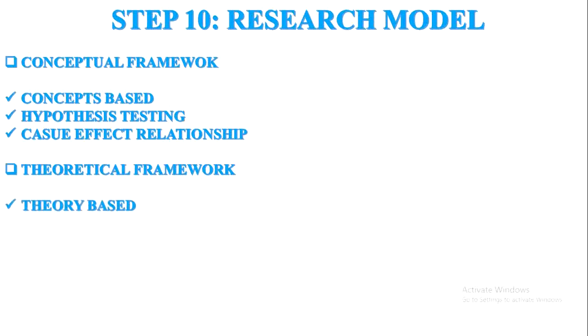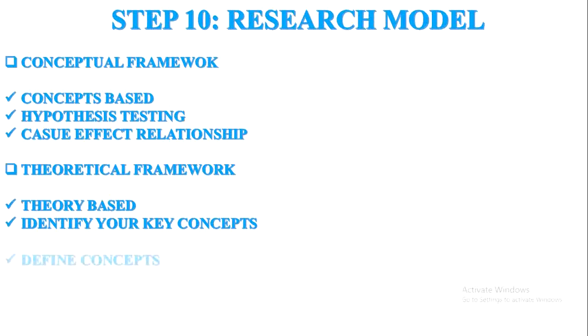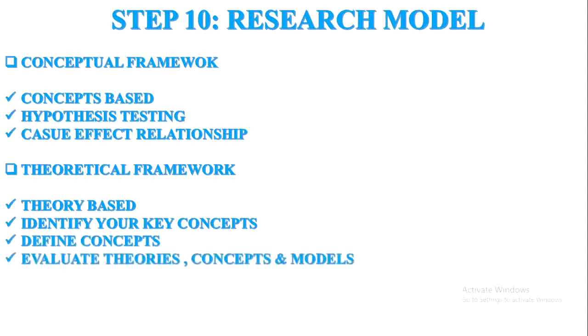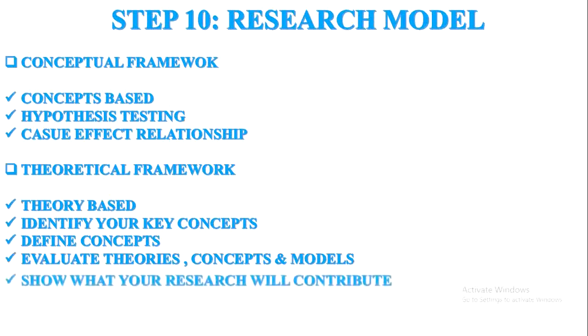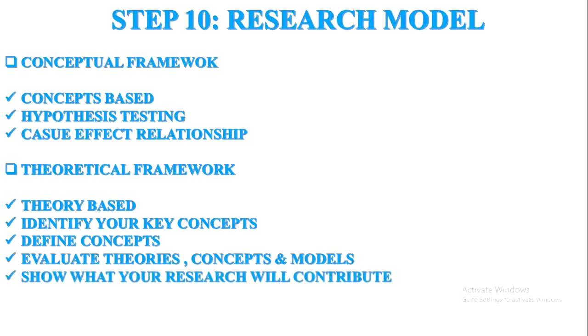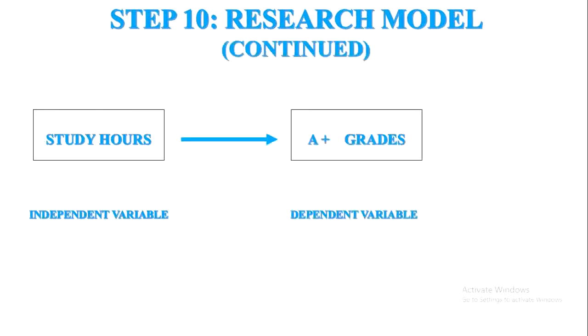Then you identify your key concepts, which are your variables related to your theory. Then you define your variables, which are your concepts. Then evaluate theories, concepts, and models. It also shows what your research will contribute.